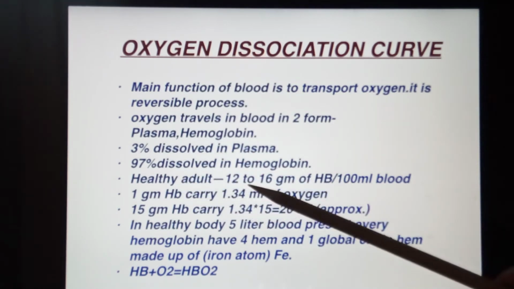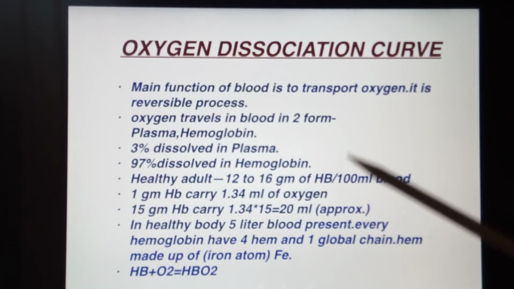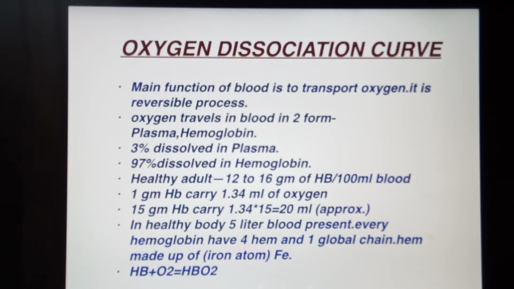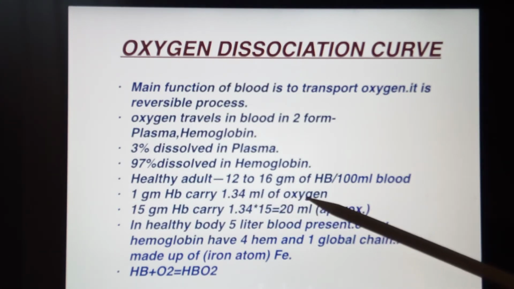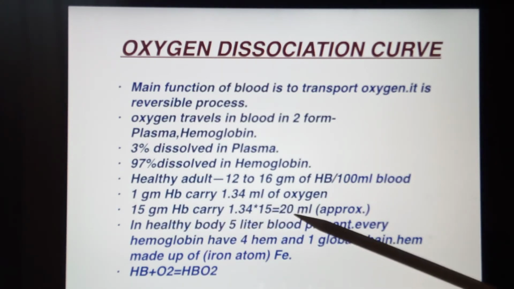In a healthy adult, there are 12 to 16 grams of hemoglobin in 100 ml of blood, and 1 gram of hemoglobin carries 1.34 ml of oxygen. So 15 grams of hemoglobin carries approximately 20 ml of oxygen.